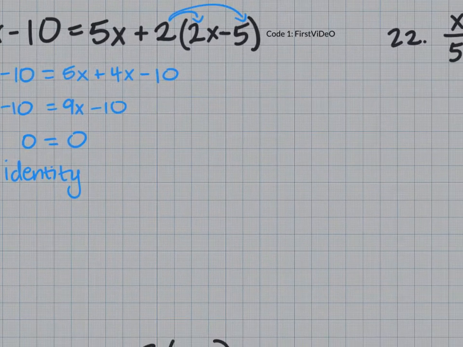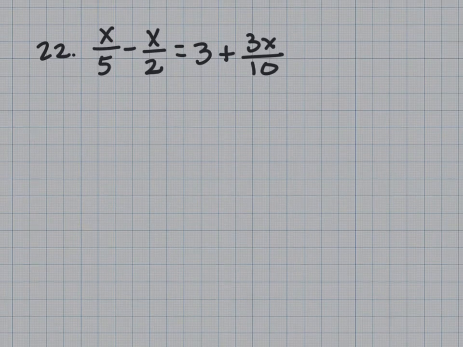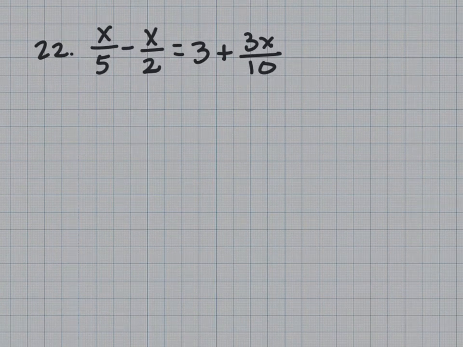Let's go ahead and look at 22. In 22, we've got the equation x over 5 minus x over 2 is equal to 3 plus 3x over 10. We're going to use that first step again by getting rid of fractions. Now, in order to get rid of fractions, we're going to find the LCD. If you remember, LCD is least common denominator.